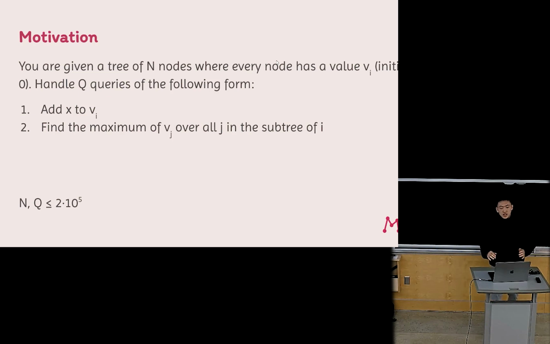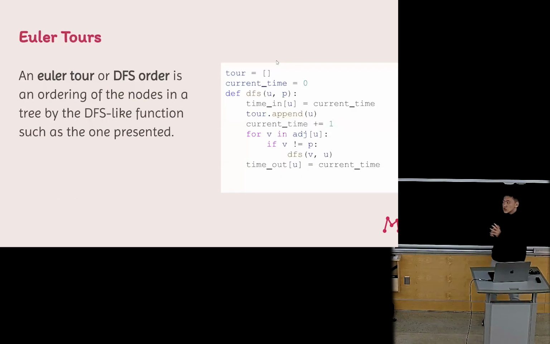Well, one idea is to consider how we traverse a tree when we run a DFS. When we run a DFS, the order in which we traverse the nodes, let's call that the DFS order. So let's say we enter a node at a time t, and we also store where we exit that node. Well, that means that for the entire time that our DFS is still within the subtree, we're still within that interval.